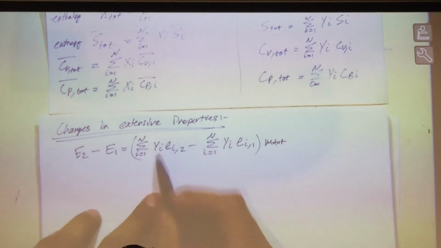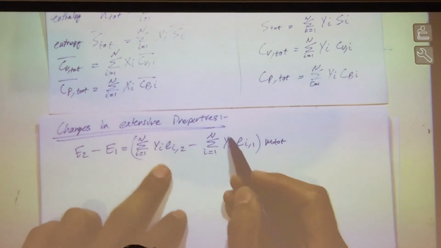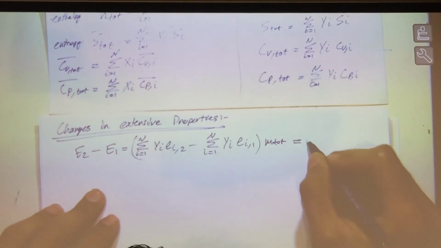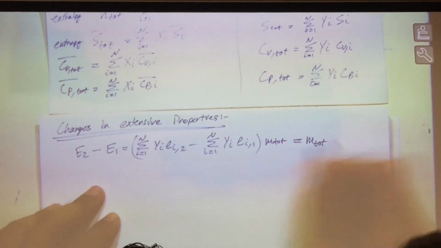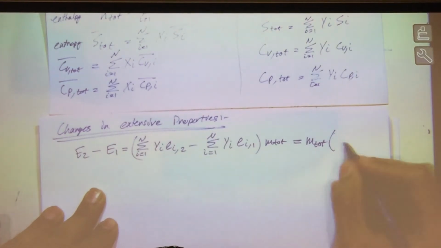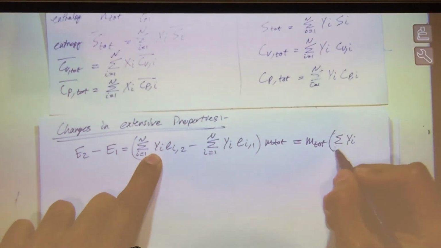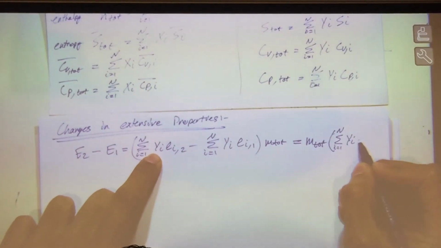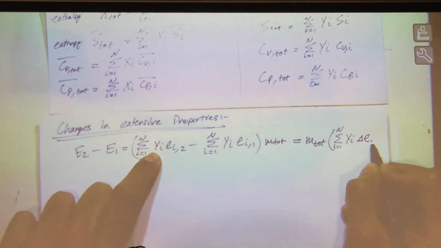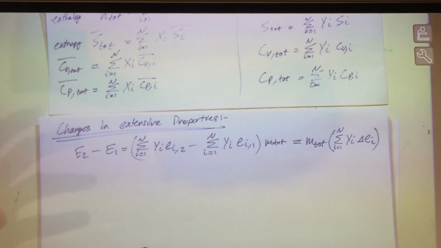But by outlining this equation, we want to determine what is the variable, and in this case, the mass fraction is the same. So what I could write as a general form for this is M total, the total mass, multiplied by the summation of the mass fraction, that's nominally constant, multiplied by the delta of that individual species, how that individual species' energy is changing.